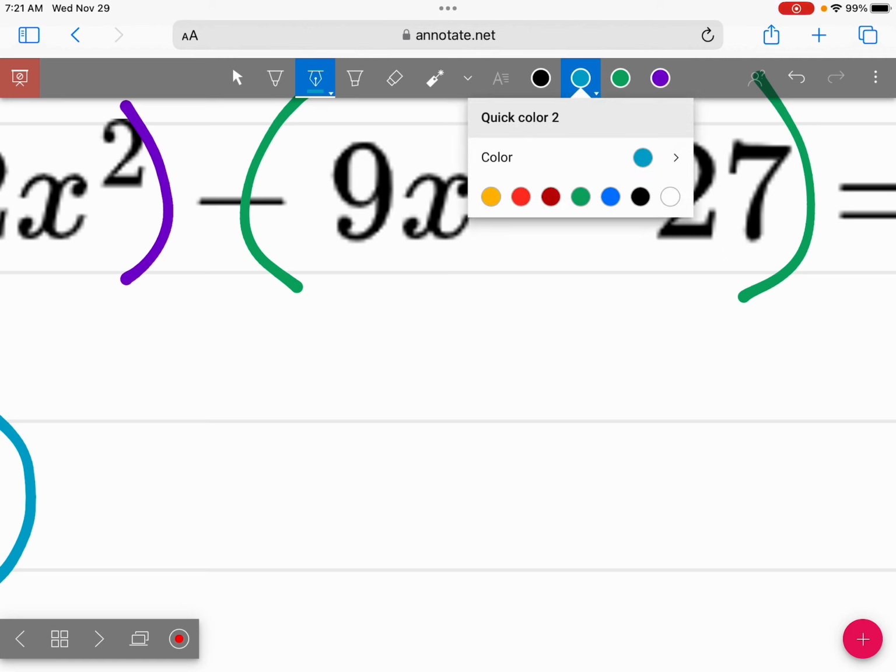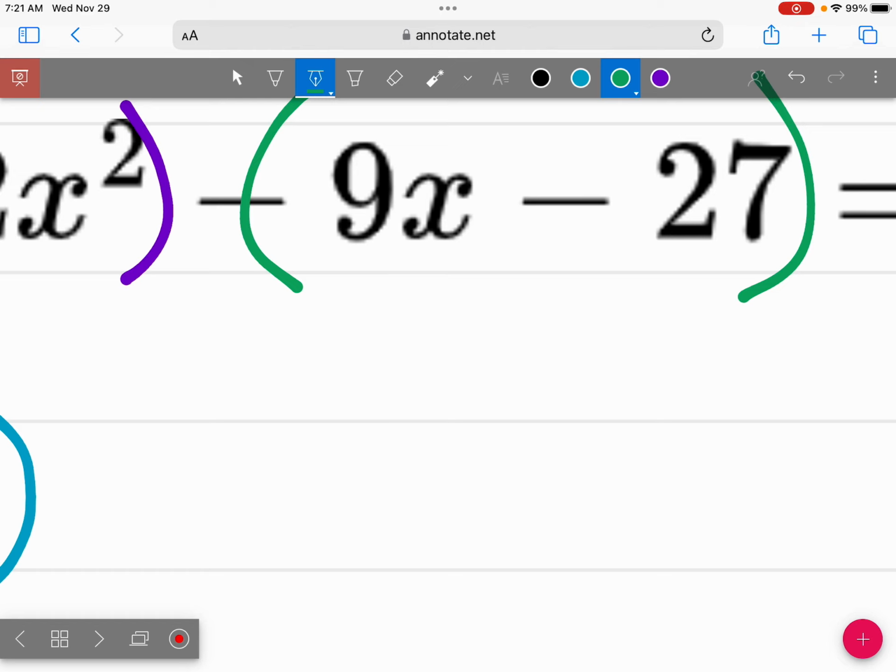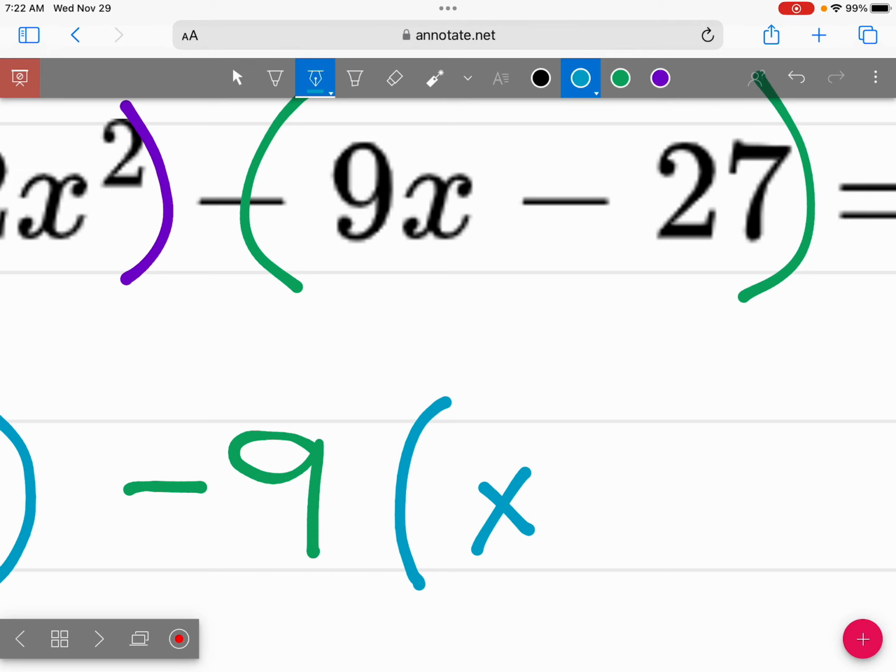What is shared between minus 9x and minus 27? Mm-hmm, 9. But they're both negative, so I'm actually going to take out minus 9. And if I divide negative 9x by negative 9, we get positive x.